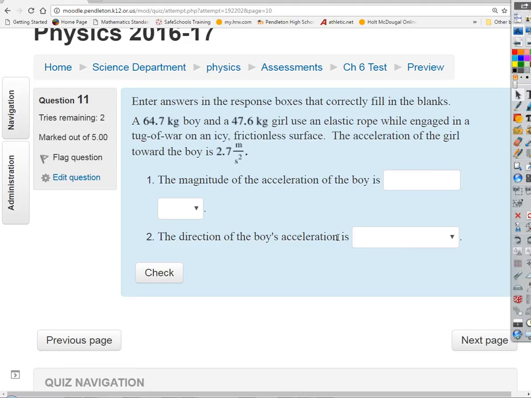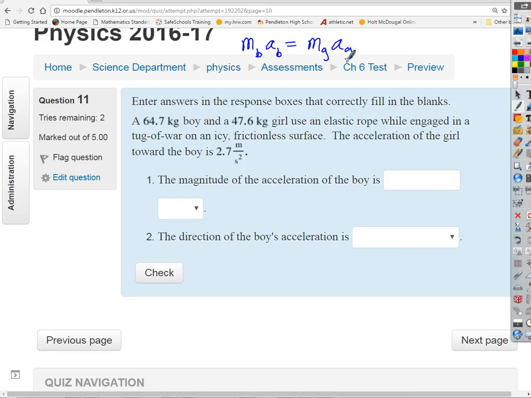Okay, so how might you set this up? The net force, acceleration equals the mass times. There you go, exactly. Ma equals ma. So we get mass of the boy times acceleration of the boy equals, now we're just doing magnitudes, they're going to be opposite signs, mass of the girl times acceleration of the girl.